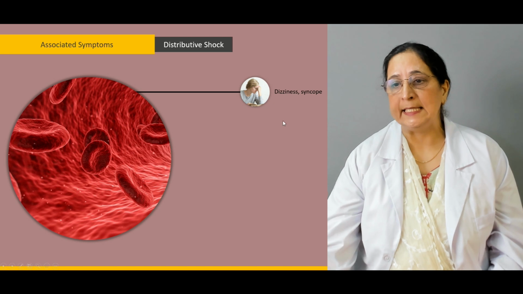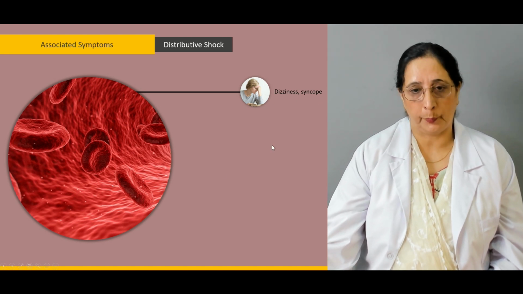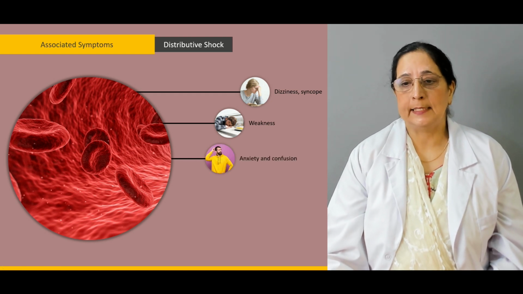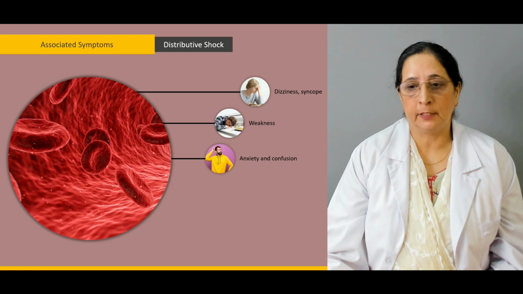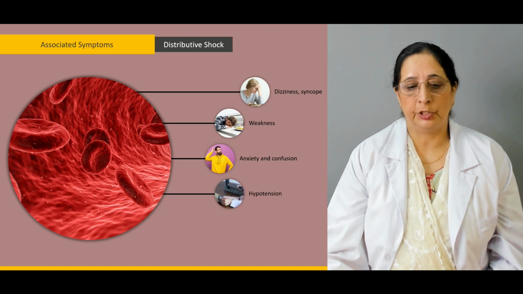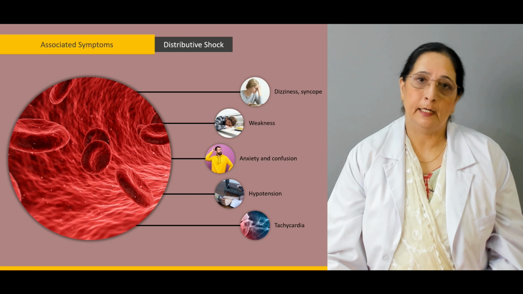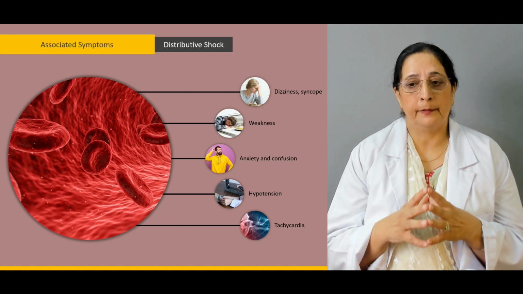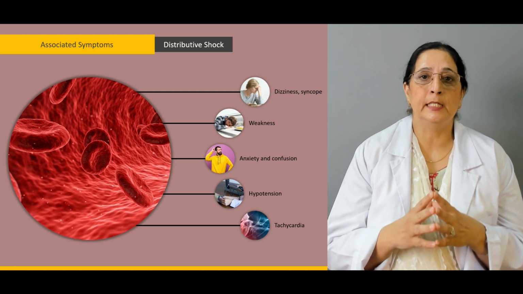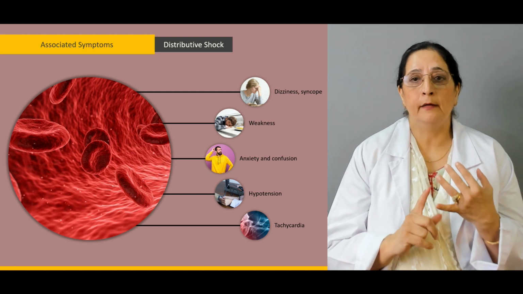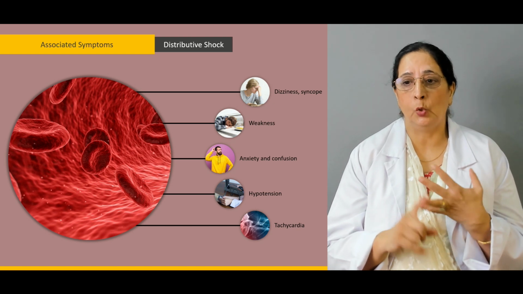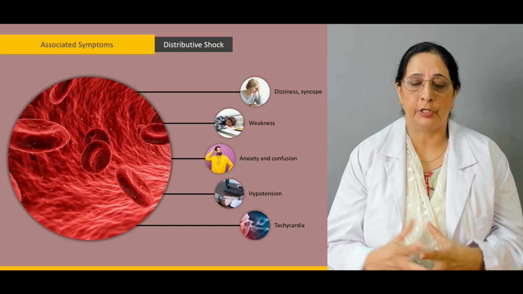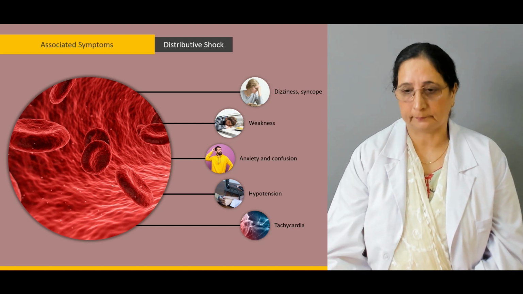So there is dizziness and syncope, weakness, anxiety and confusion, hypotension, and tachycardia, a fast heart rate. All these are features associated with distributive shock: dizziness, syncope, weakness, anxiety, confusion, low blood pressure, and tachycardia.